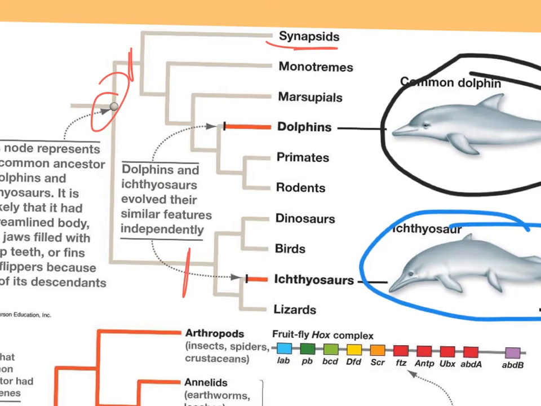So dolphins, of course, come from an ancestor that had 4 legs. Ichthyosaurs come from an ancestor that had 4 legs and then evolved as the lineage evolved into a group that became living in water. Okay?